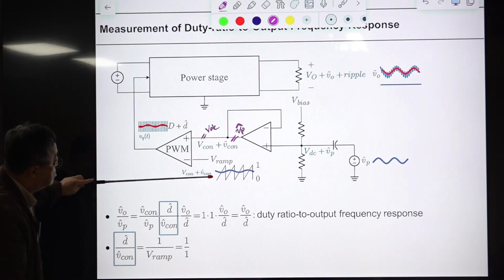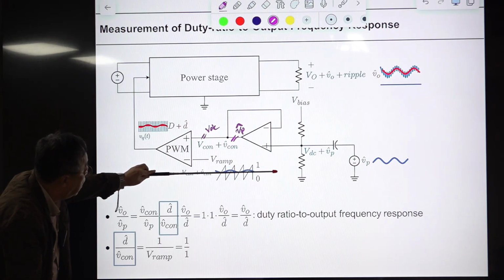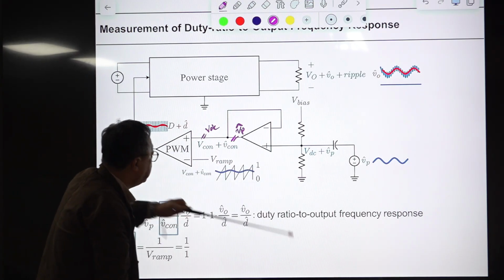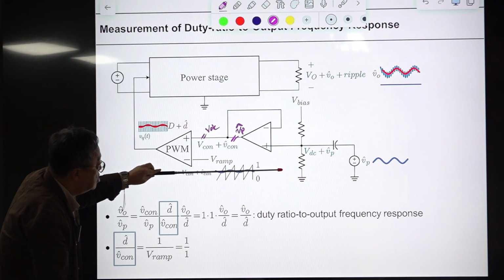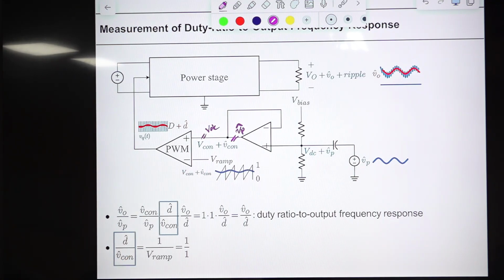Then this control voltage is the sum of this. So there is a DC component, and this AC component is sitting on top of the DC component. Then PWM will occur in this manner. So the duty ratio will be changed cycle by cycle in some fashion. I have shown that here with this green curve.